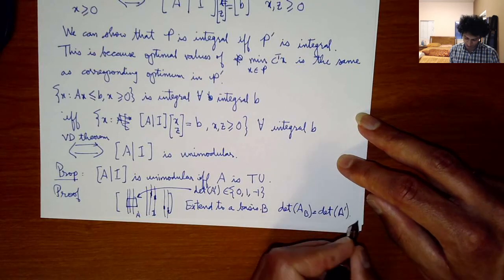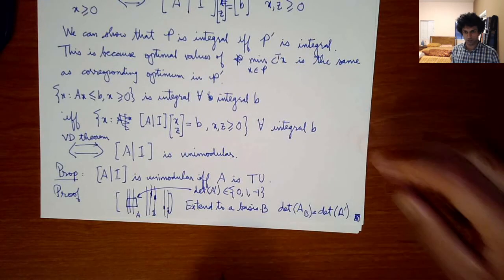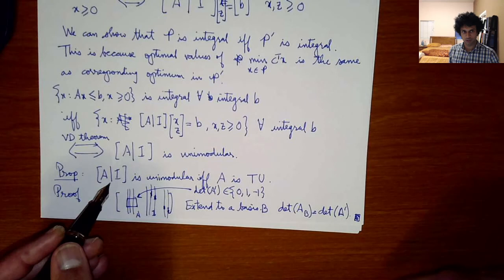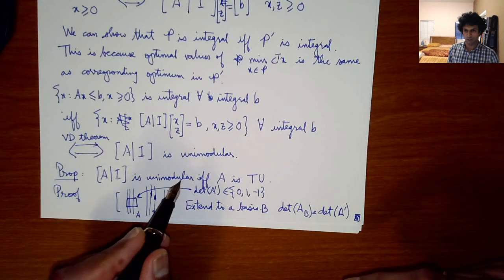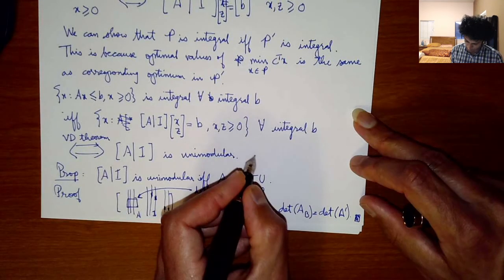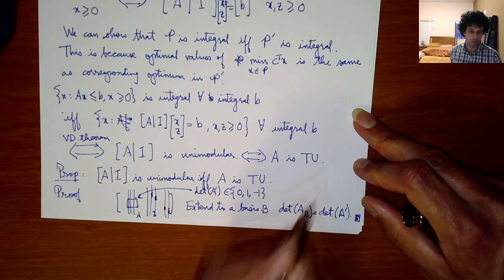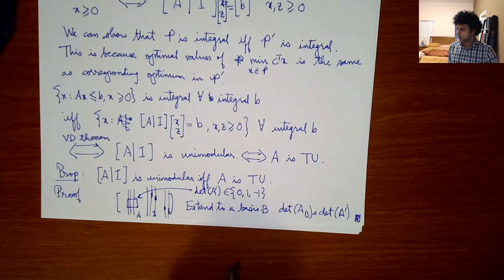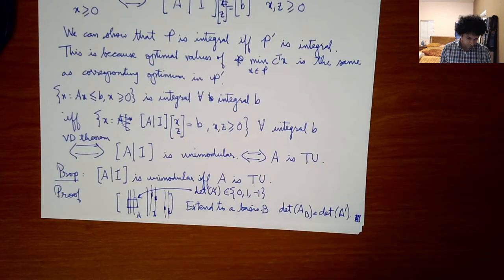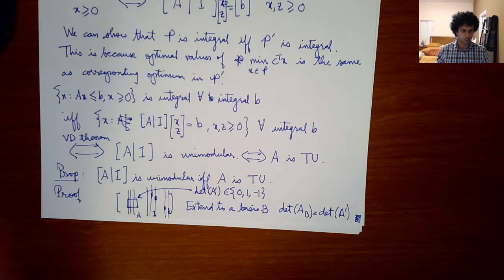And that's basically the proof. So this is a picture proof that [A I] is unimodular if and only if A is totally unimodular. So when you apply this proposition, you get that A is totally unimodular. And this completes the proof. I'll pause here and take any questions you have before I show the next part.